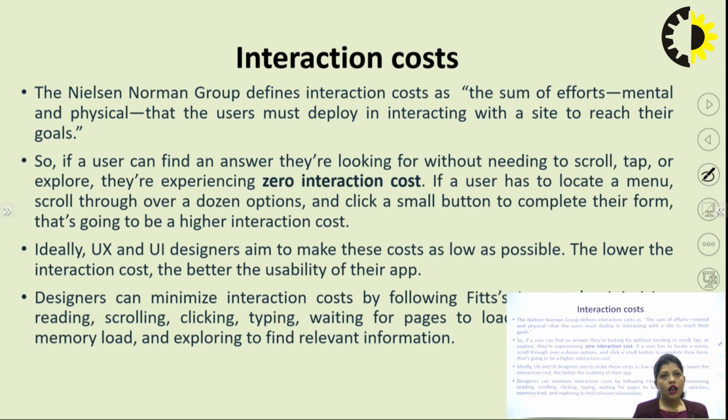In this case the user performs all these tasks, like locating a menu, scrolling a page, clicking a small button, and because the object size is small, the user has difficulty finding the object. So this takes a higher interaction cost.